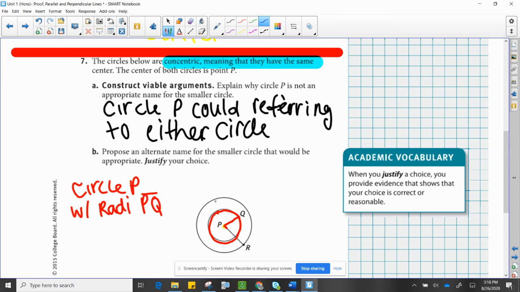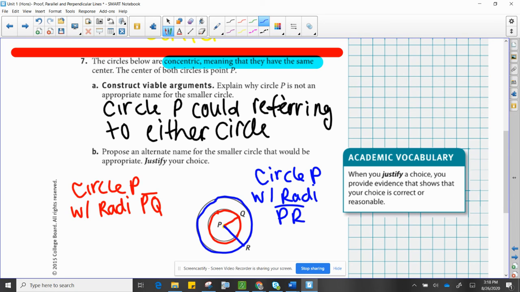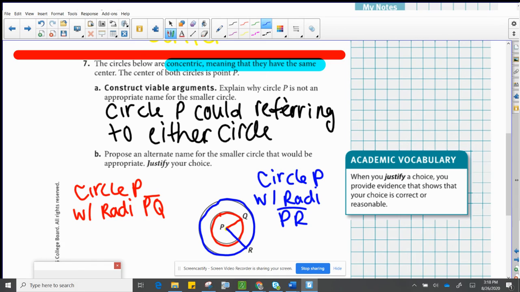If I wanted to be referring to the larger outer circle, then I can do that. I can call this circle P, but I have to justify it or use an alternative way to specify which circle I'm talking about. So I would just say with radii PR. Okay, so both ways, and again, you could name it circle P, but in this case, since there's two circles, we have to kind of specify with the radii which one we're actually talking about.